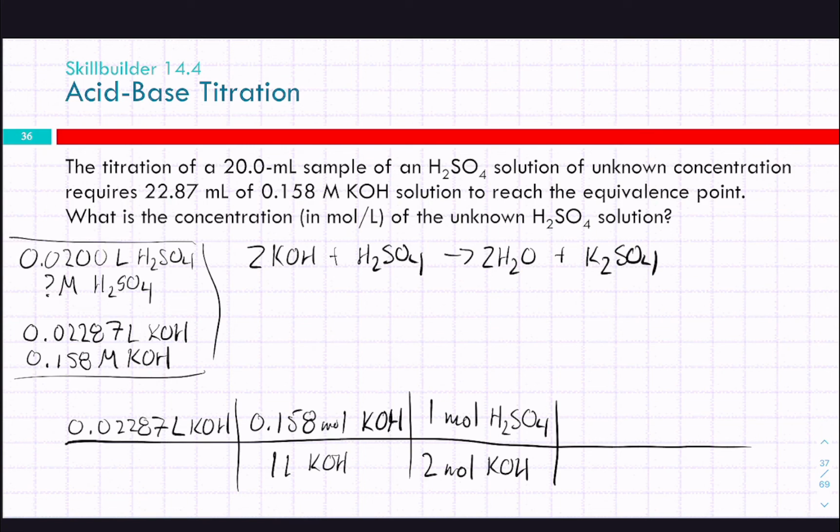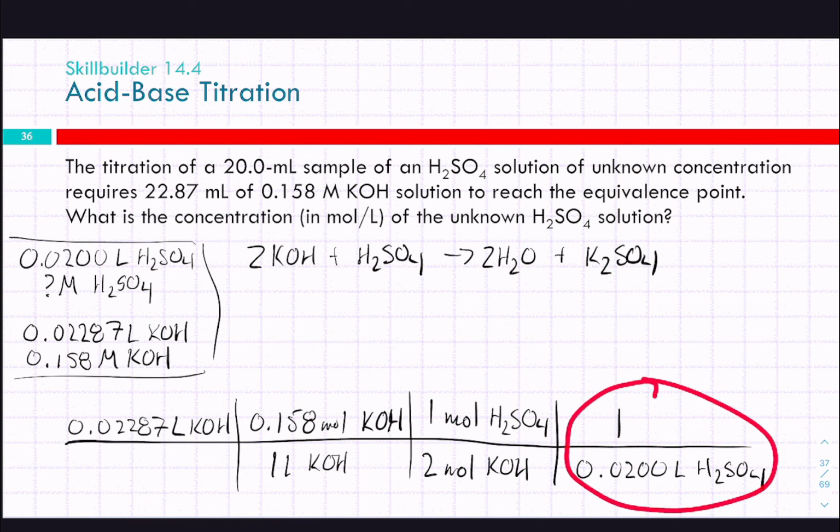And then we'll just divide that by our number of liters H2SO4. It looks a little weird here at the end because we're not actually doing a conversion necessarily, but we're making the conversion factor.